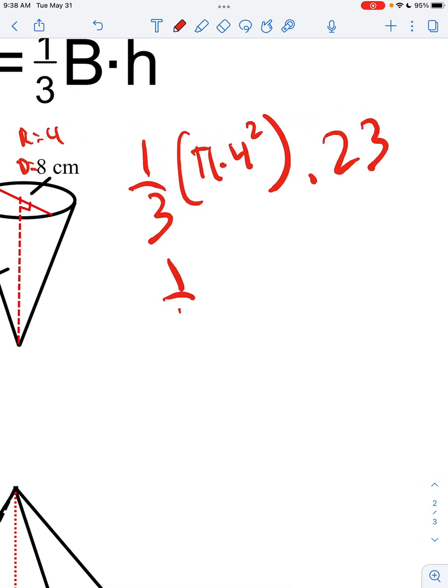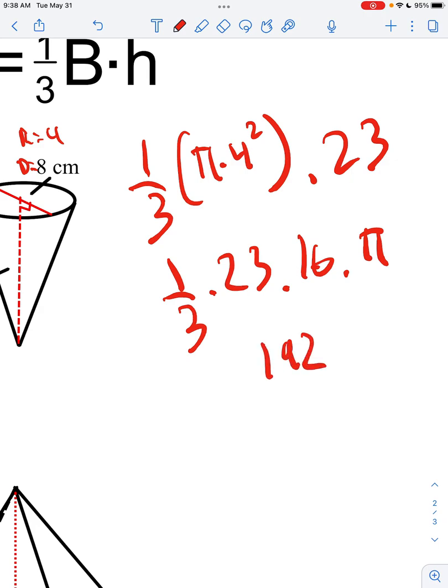So 1/3 times 23 times 16 times pi. Let's just simplify the top: 23 times 16, and then I'm going to divide that by 3. So 192 pi.